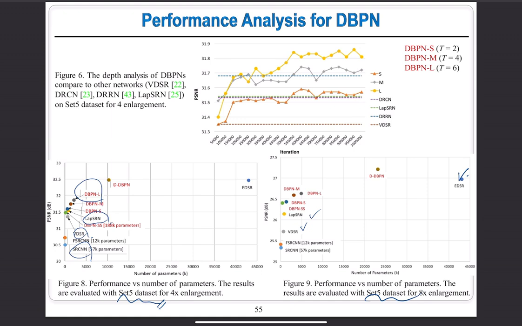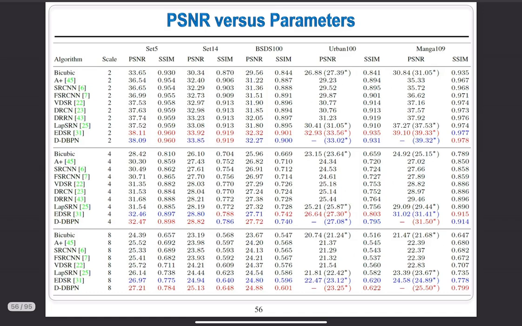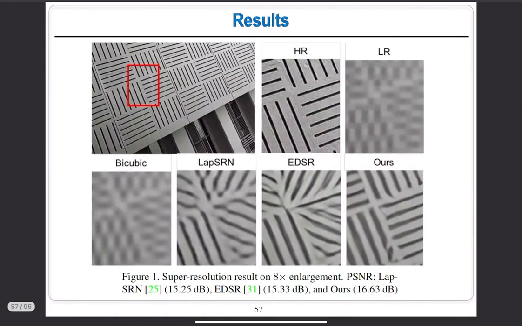The iterative structure not only allows deeper understanding of the image, but also provides a built-in correction mechanism, which helps in reconstructing finer texture. And this slide also shows the quantitative comparison to the previous works, but it's not important for you guys.